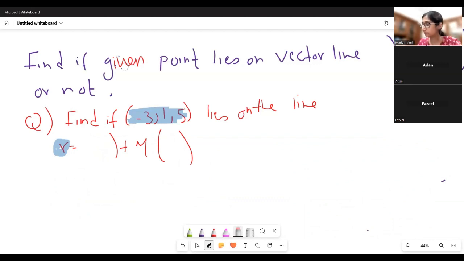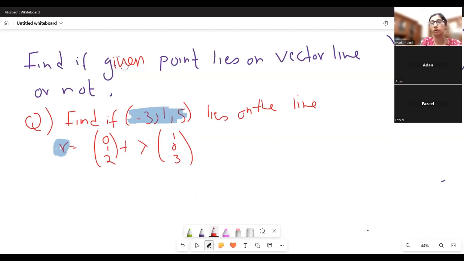It is (0, 1, 2) here, (1, 0, 3) here, and I'm changing mu to lambda.